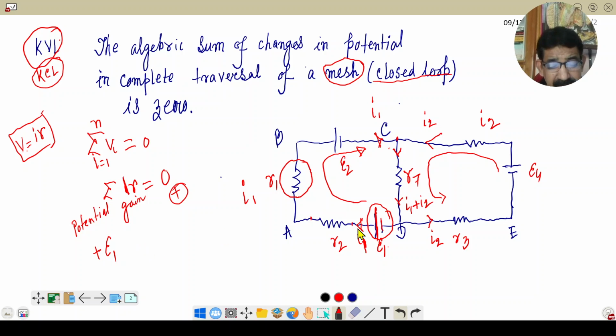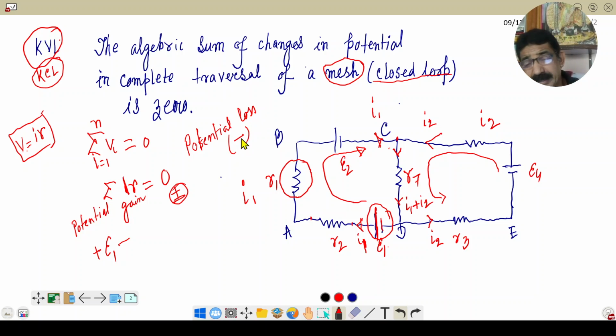So in this case, potential loss is equal to I1 R2. That means if potential gain is considered to be positive, then potential loss should be considered to be negative. So potential gain is positive and potential loss is negative.